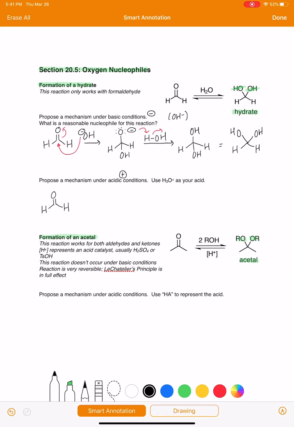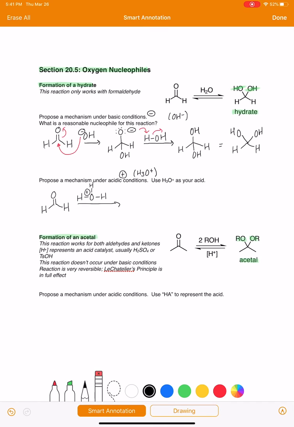And one of the ways that you can remember that, the most common acid that we work with is H3O+, positively charged. So that'll help you remember that you need to have positive charges on everything or neutral when you're doing an acidic mechanism.